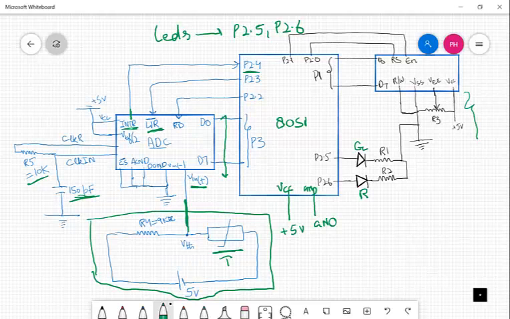That data will be picked by sending a low signal from P2.2 to RD, and the data will be picked at port 3, P3.